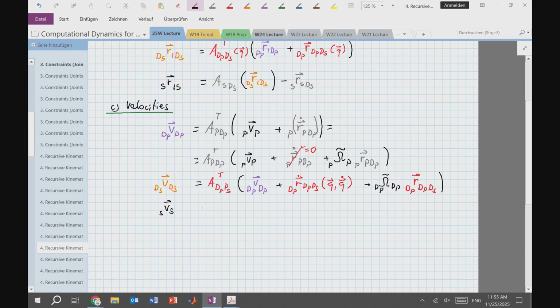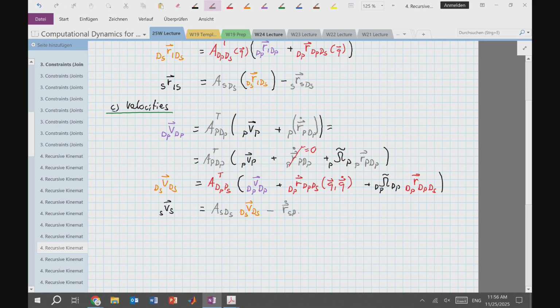Then we repeat this, and the last step again is easy. Now we want the velocity of the successor in successor coordinates, and we have now the transformation A ds without the transpose. We have as the physical velocity corresponding to this vector r ds, the velocity v ds that we just computed. And now we have to subtract basically the counterpart of this. r s ds now comes in with a minus sign. And I expand this right away using the transport theorem.